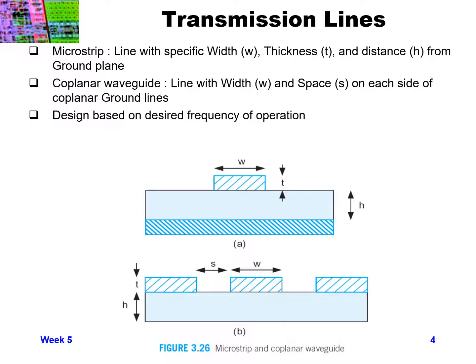So a certain spacing between the line that you're driving the signal on and ground lines on either side of it. So the design you use will be based on your desired frequency of operation and other factors, but transmission lines are used for certain types of functionality.